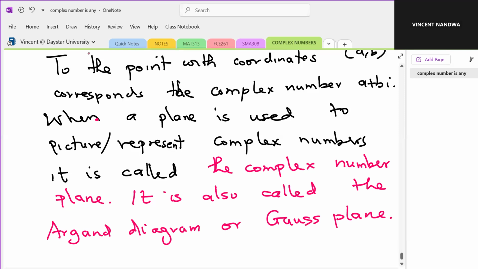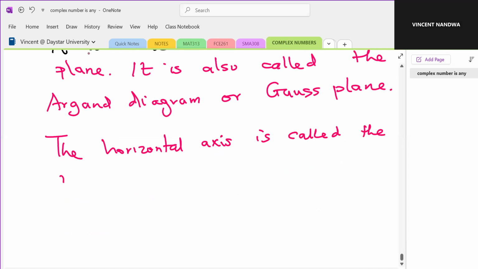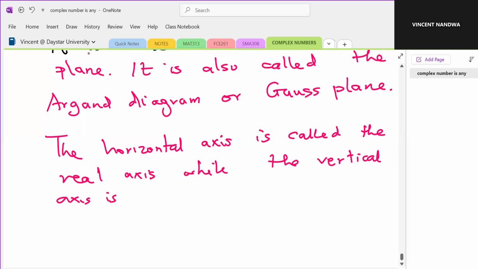Then in this Argand diagram, the horizontal axis is called the real axis, while the vertical axis is called the imaginary axis.